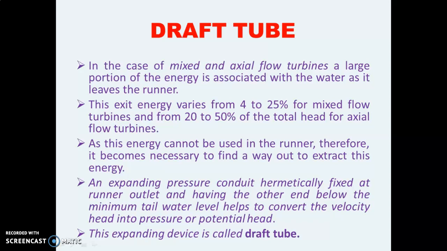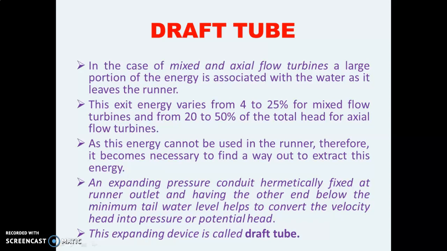When the jet strikes the bucket, the total kinetic energy is utilized. So the efficiency loss or head loss that occurs in a Pelton wheel turbine is 1 to 4%. That means there is only 1 to 4% loss in the kinetic energy in a Pelton wheel turbine.